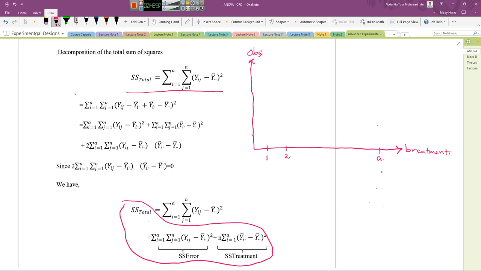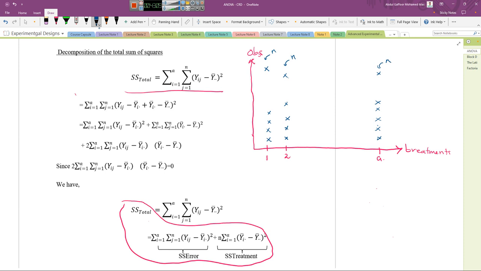In the first treatment we have n observations, so I'm going to label them 1, 2, 3, 4 up to n, and similarly for the second one, and for the a-th treatment also, each contains n observations.